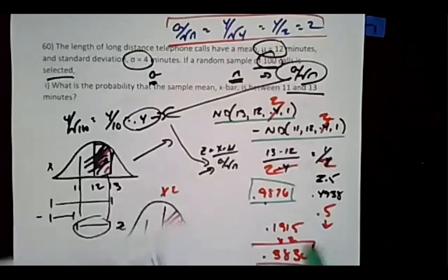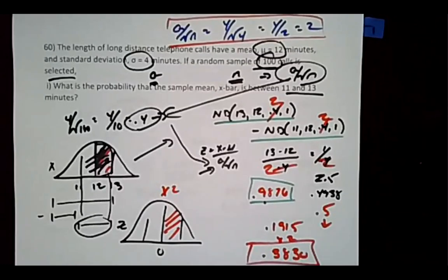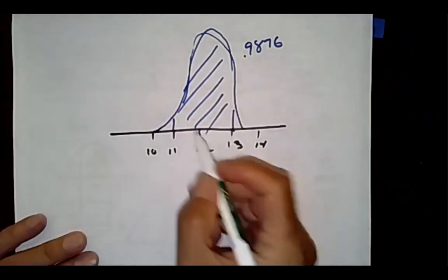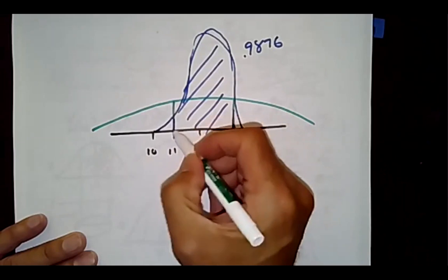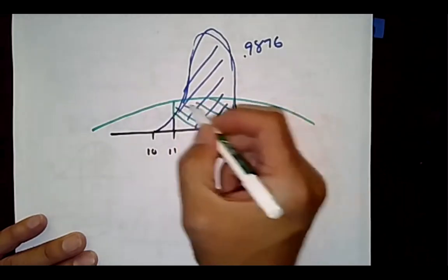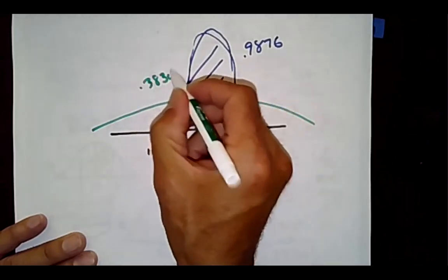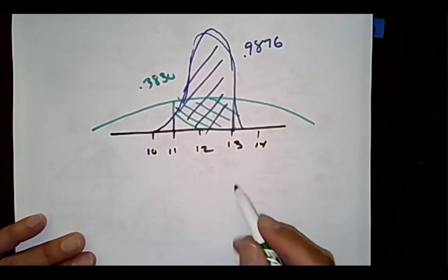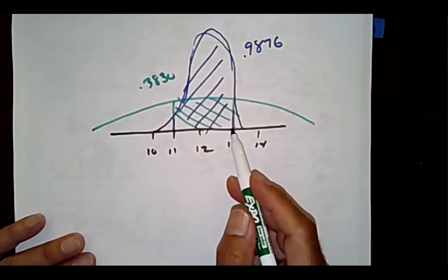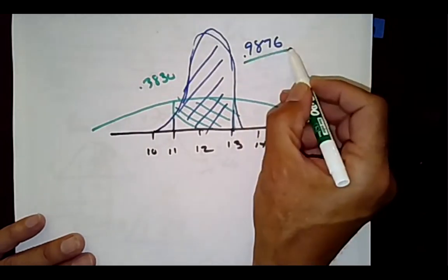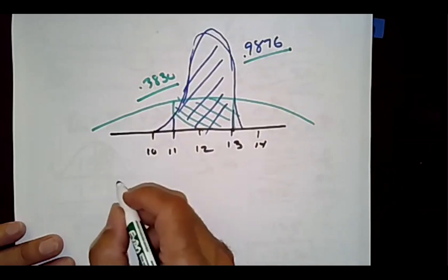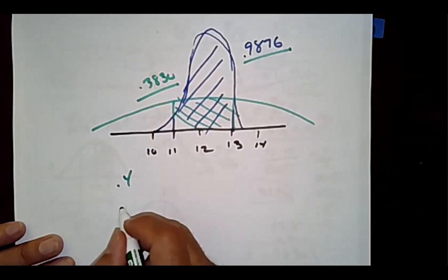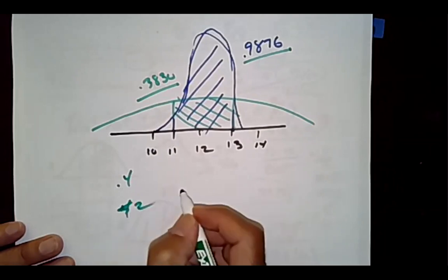The other one is 0.3830. So that means roughly that graph looks more like this, where all of this area is roughly 3830. This is the learning from this problem, right? So this is the answer to part A, or part 1, and this is the answer to part B. So what happened? The standard error went from 0.4 to 2.